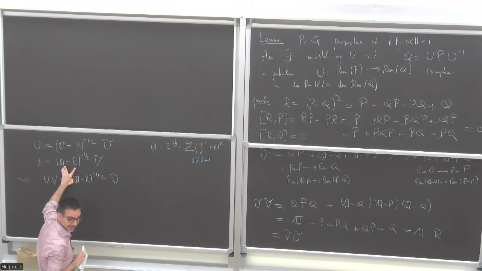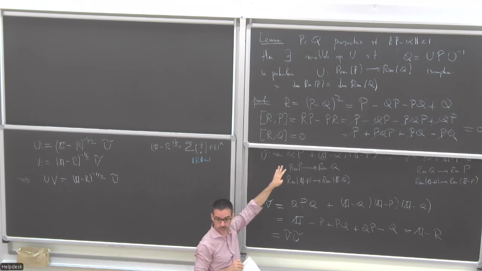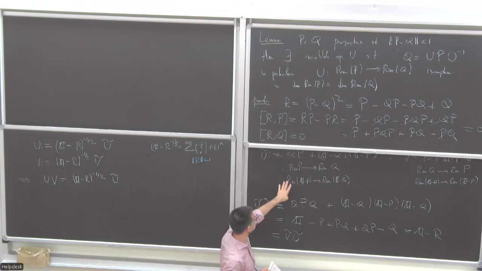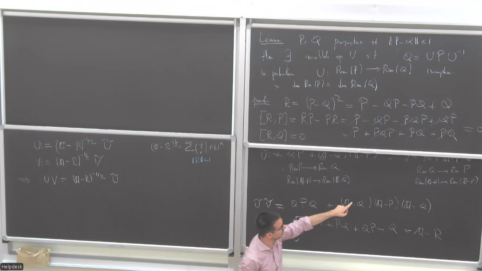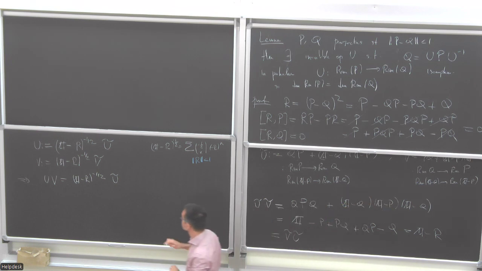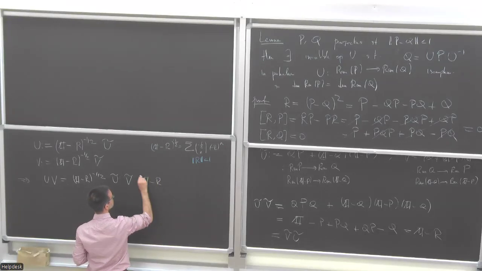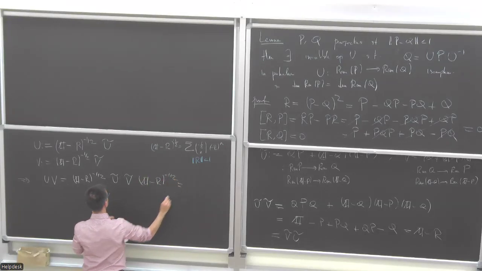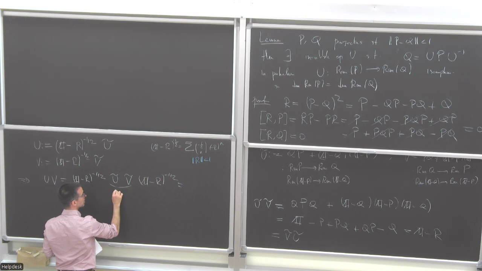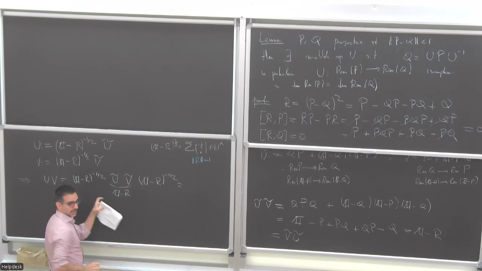Okay, but remember that R commutes with P and Q, and so R commutes with U tilde because the tilde is just made of P and Q. So you switch them. So you have here the tilde, identity minus R to the minus 1/2, but this is identity minus R. And so this is the identity.